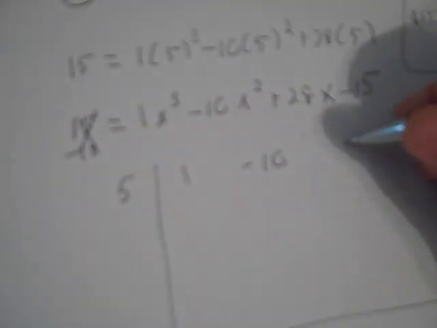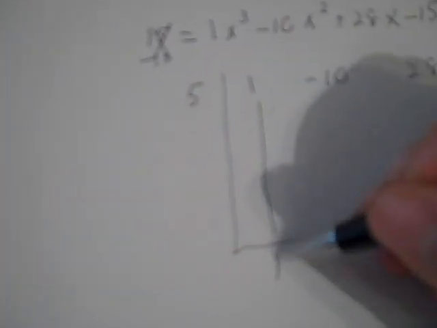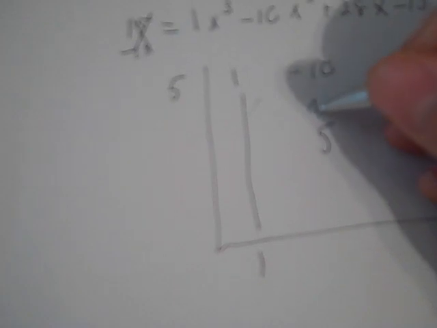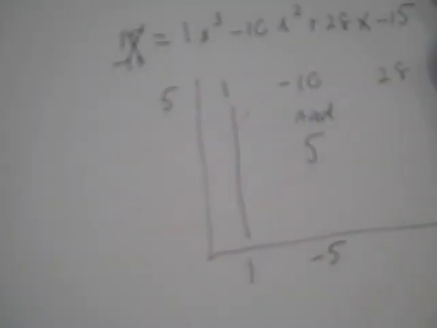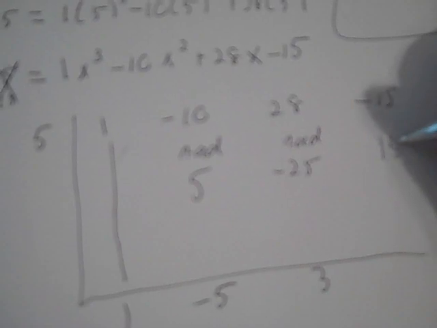So 1, negative 10, positive 28, and negative 15. So I drop the 1. 1 times 5 is 5. Add. You get negative 5. Negative 5 times 5 is negative 25. You add. That's 3. And 3 times 5 is 15, and you get 0.